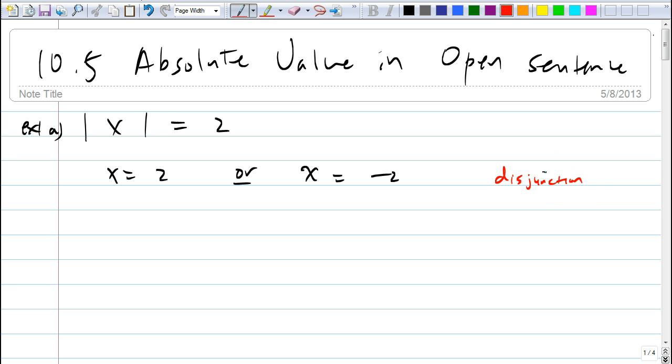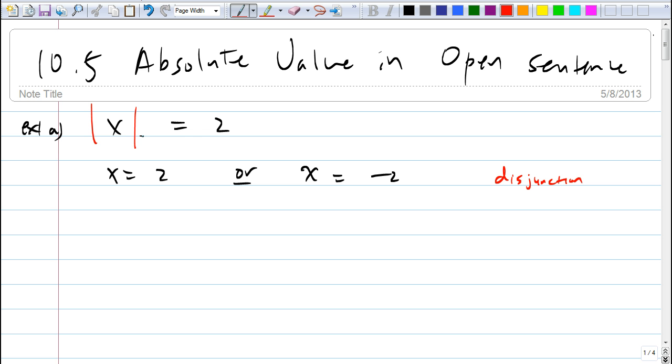It's absolute value of x. All right. So, why can we not put the word and in the middle? Yes, how about Samuel? Why not? They don't overlap. Well, how do you know that they don't overlap?